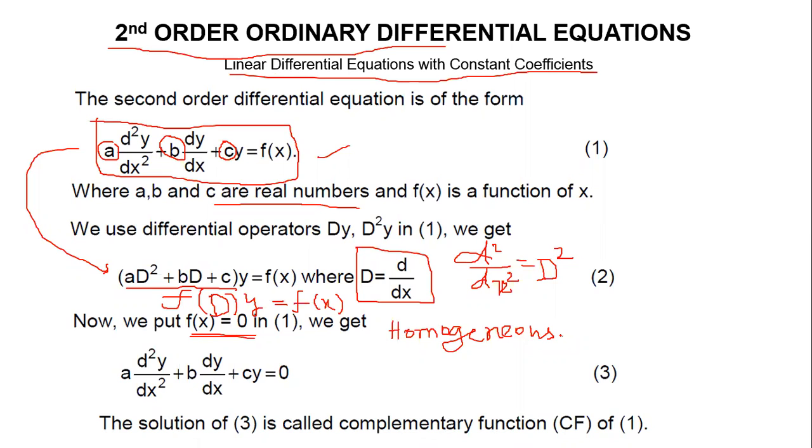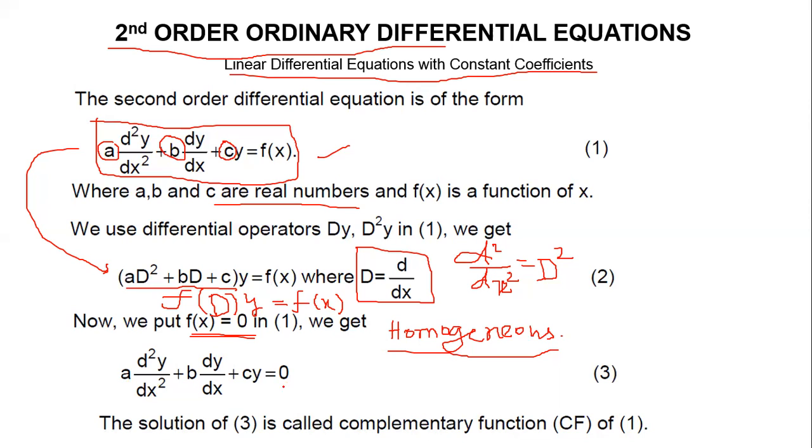In case you get f of x comma y equal to t power 0 f of y by x, then that is the substitution method. At that time also that equation is called a homogeneous equation. So here we are writing the different definitions for homogeneous equation. When the right hand side equal to 0, it is called the homogeneous equation. In case the right hand side is not equal to 0, then it is called the non-homogeneous equation.